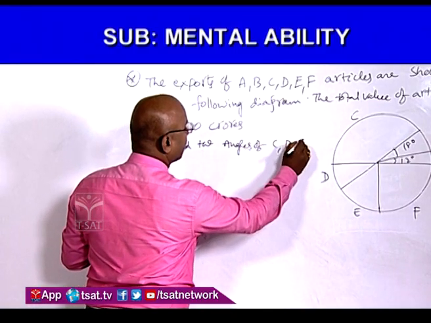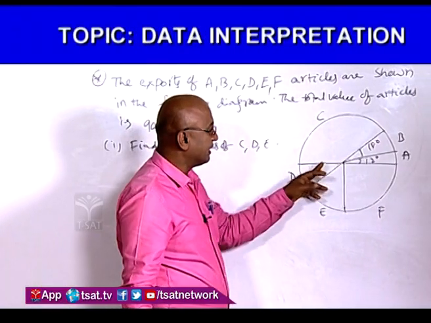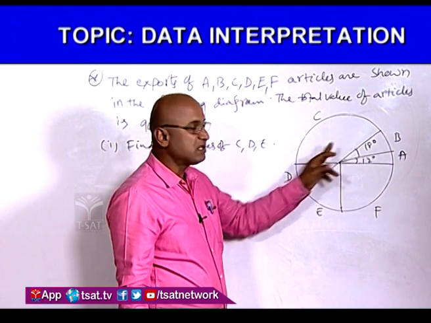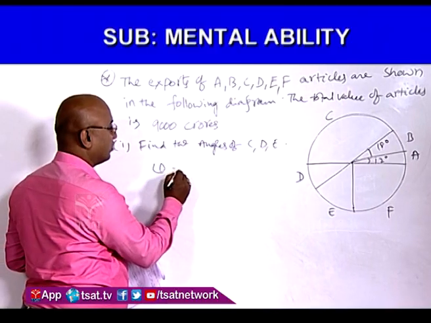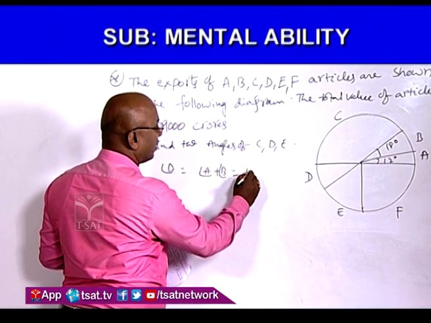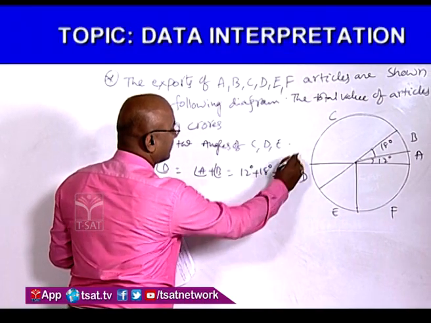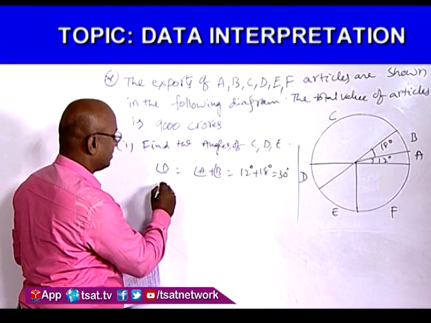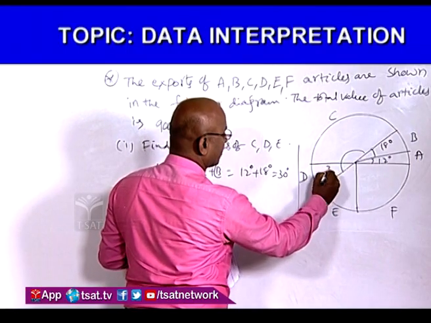We know, as we saw in the previous problem, that when two lines bisect each other, the opposite angles are equal. Now angle D is equal to angle A plus angle B, that is 12 degrees plus 18 degrees, which is 30 degrees.